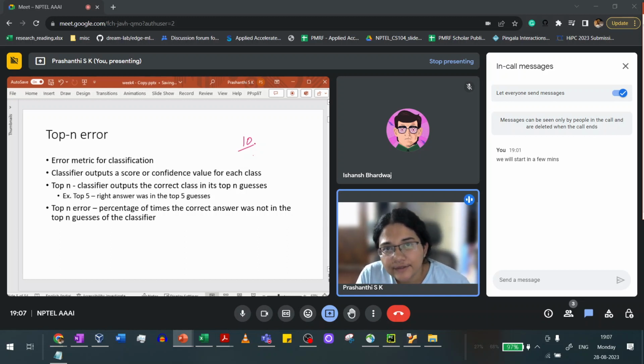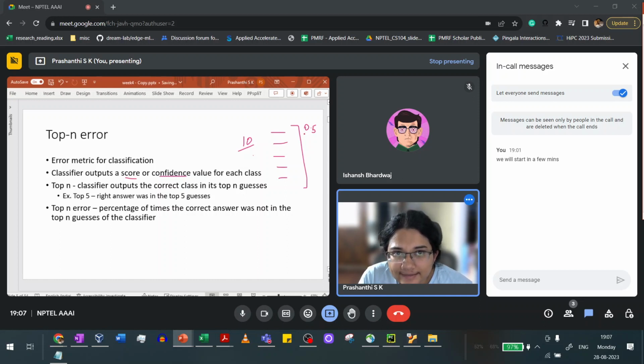Your classifier will have outputs corresponding to all 10 of these, but those outputs will typically be a score or a confidence value. For simplicity's sake, say that this is some kind of number that's very similar to probability.